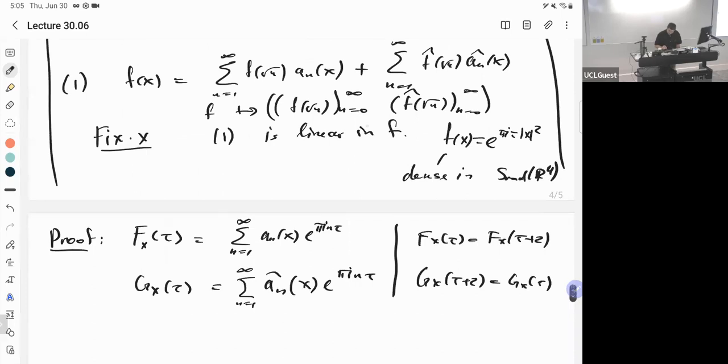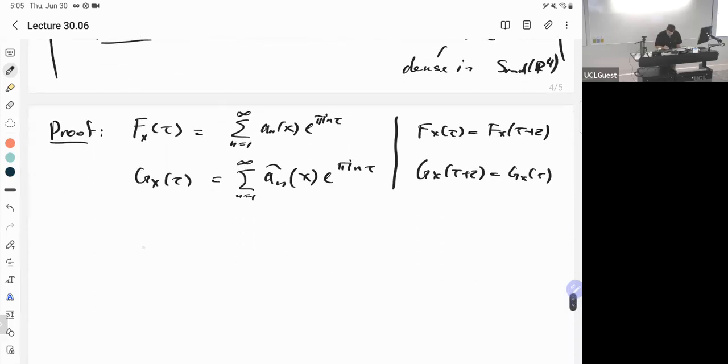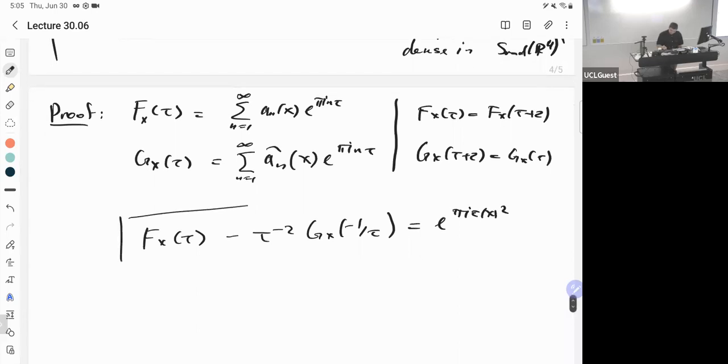And the only thing that they satisfy is this identity 1, and if you rewrite it, it means fx of tau minus tau to the minus 2 gx of minus 1 over tau is equal to e to the pi i tau x squared. So this is what you want.